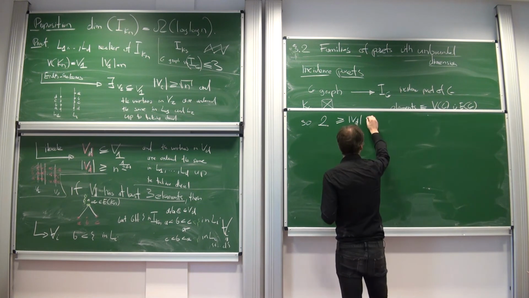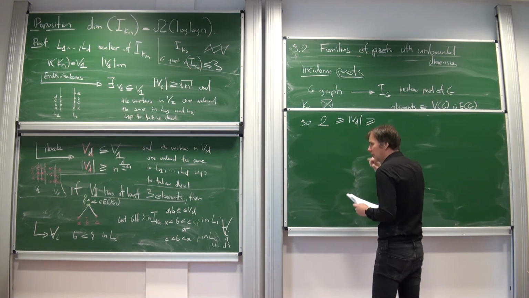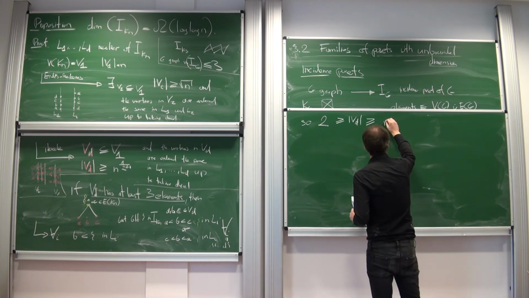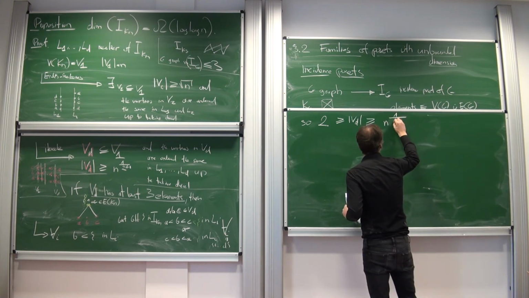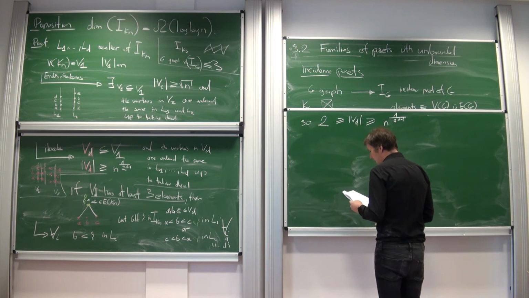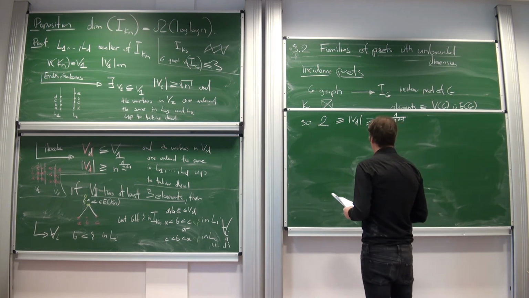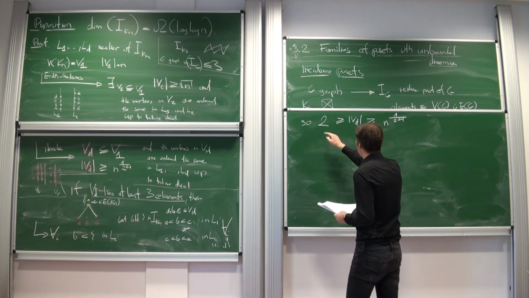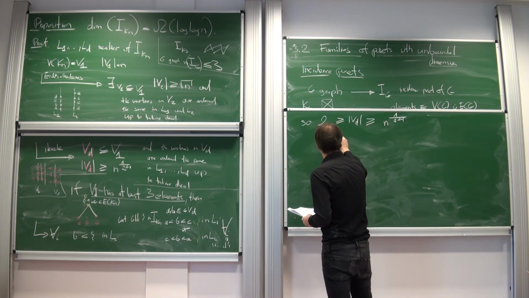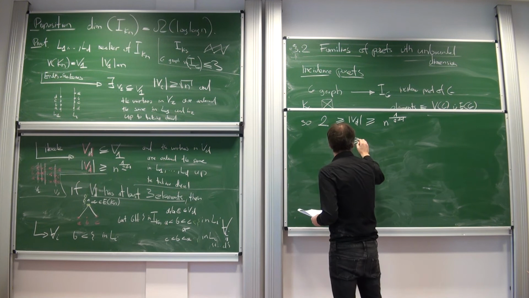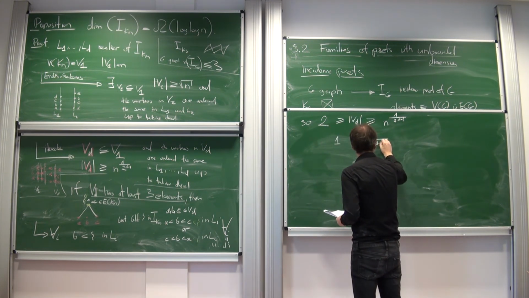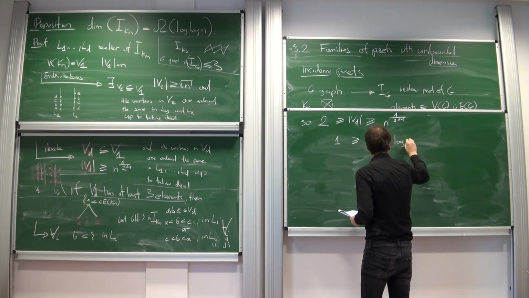But we know that this is lower bounded by these applications of Hölder-Sekadech, so this is n to the 1 over 2 to the d minus 1, yes? So when we put the logarithm, the logarithm of 2 is 1, right? And this should be greater than or equal to 1 over 2 to the d minus 1 times the logarithm of n.